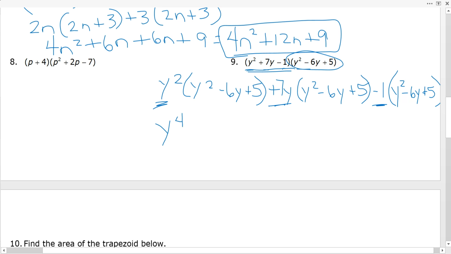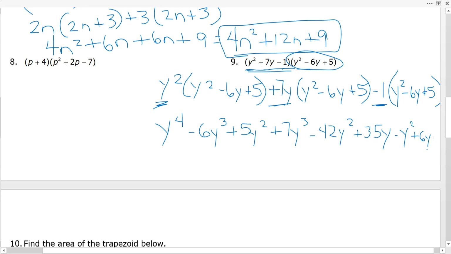Y to the 4th minus 6y cubed plus 5y squared plus 7y cubed minus 42y squared plus 35y, and everything at the end just gets the sign changed. Minus y squared plus 6y minus 5.